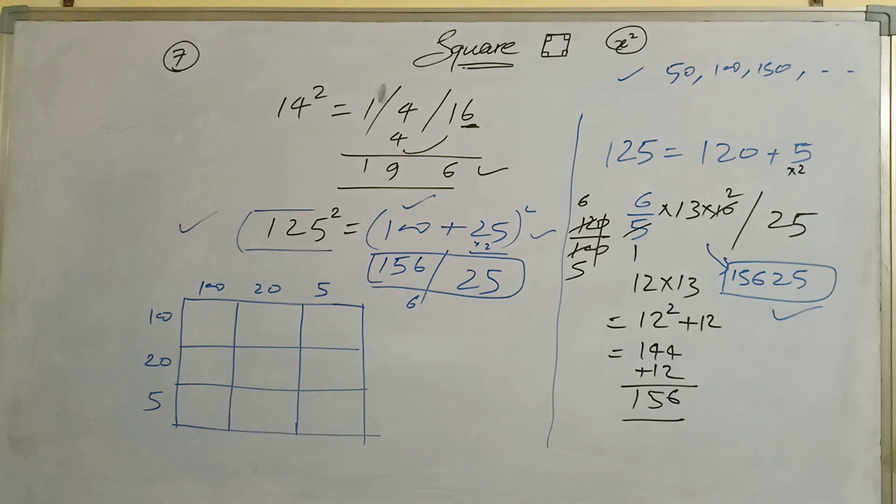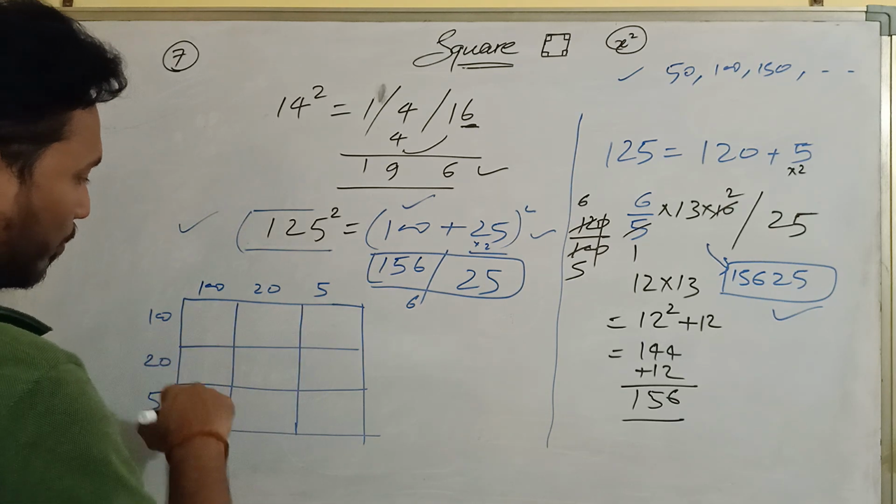Now we should multiply it, then we should add all the boxes.